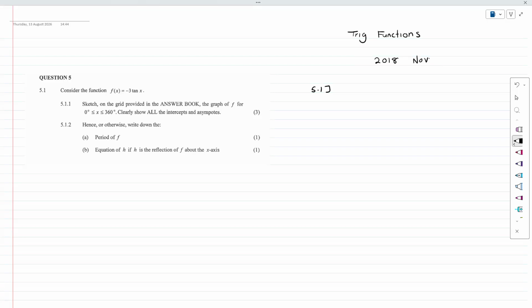You're going to press mode. You're going to press table. In your calculator, it depends on which one it is. Table. We're going to enter minus 3 tan x into f of x.